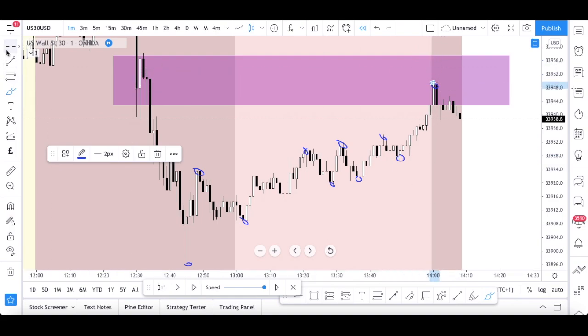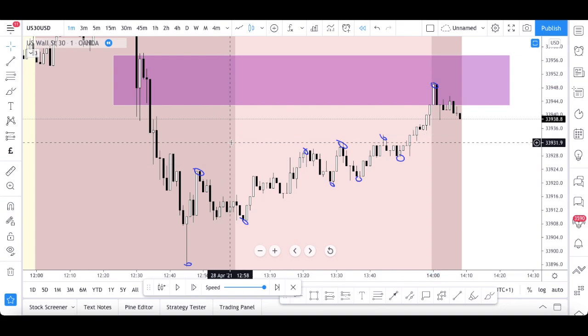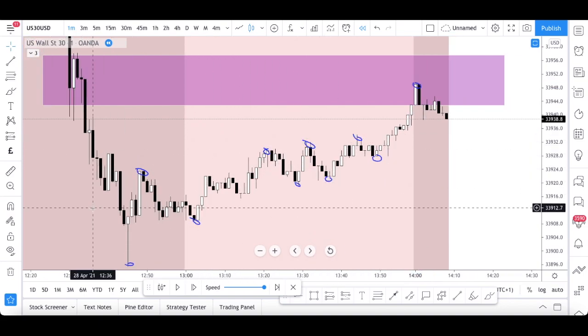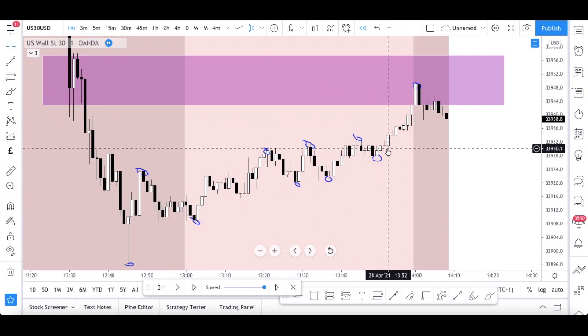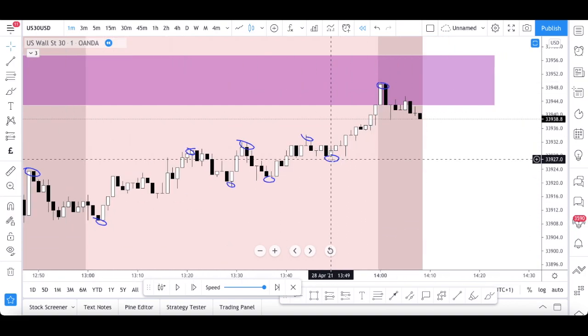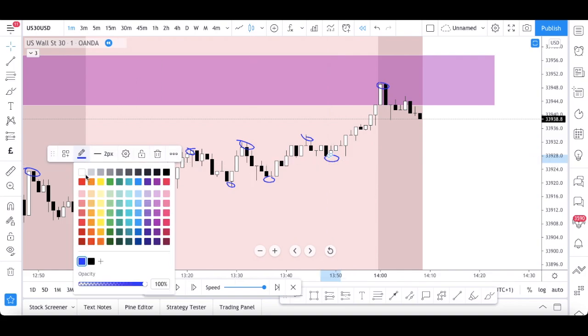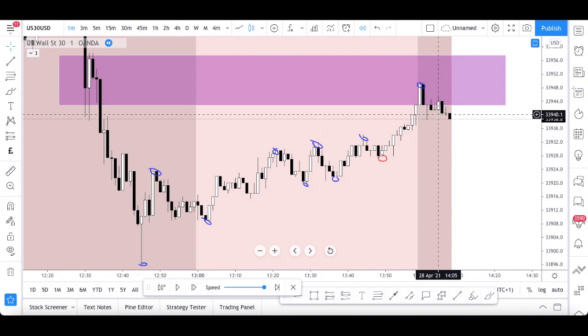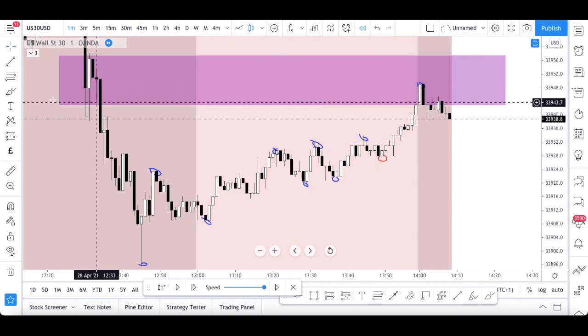The ones that I've marked on there, in my opinion, are the significant ones because they are the ones that go on to create the further higher high within this trend. The significant one in my eyes to break would be this one here. This is the one that needs to be broken for us to be looking to continue this bearish movement from this zone.